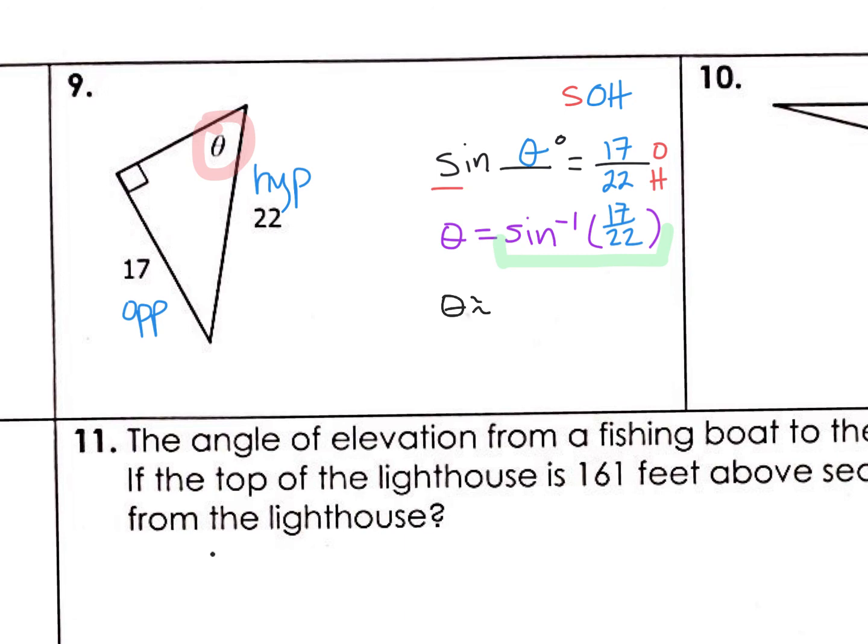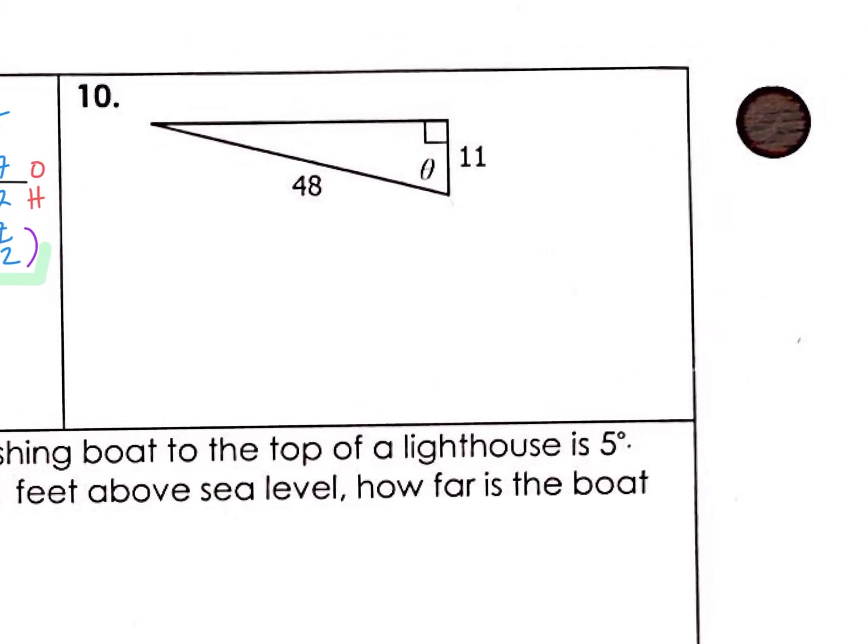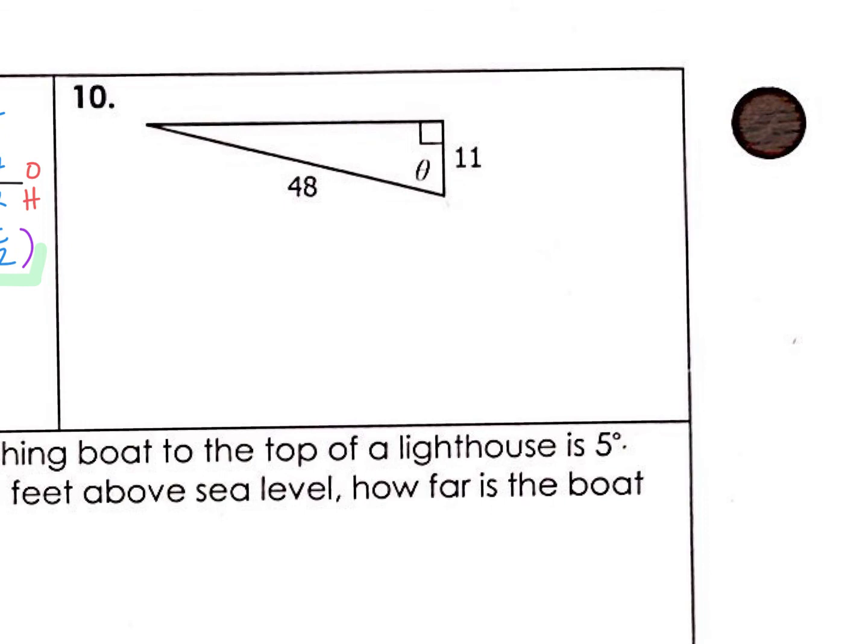Theta is approximately equal to 50.6 degrees. Don't forget your degrees. All right, if you haven't done number 10 yet, pause the video and do number 10. If you have, on we go.